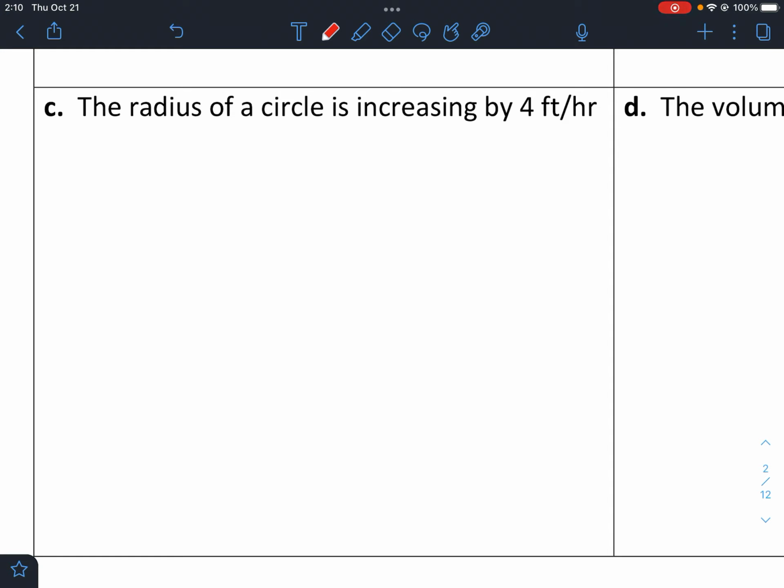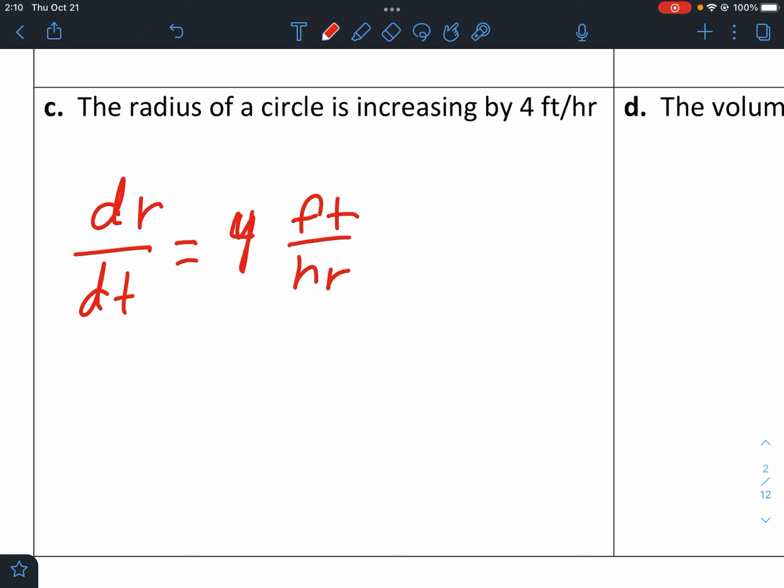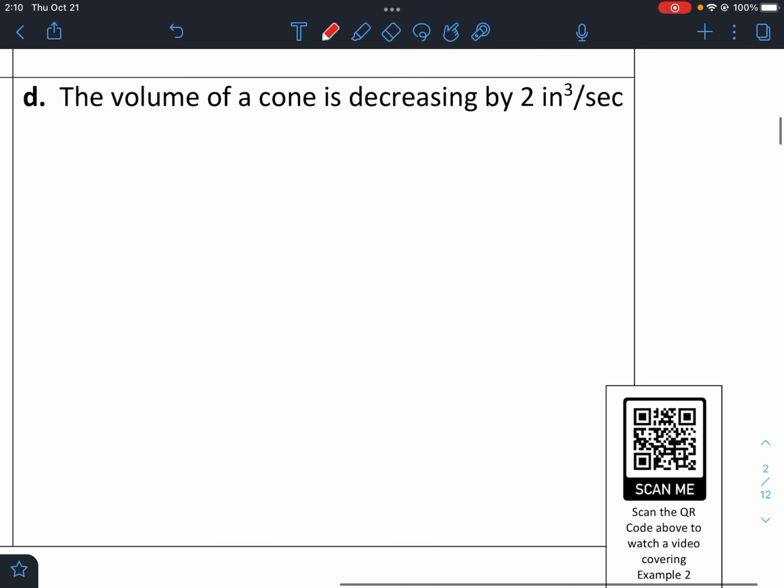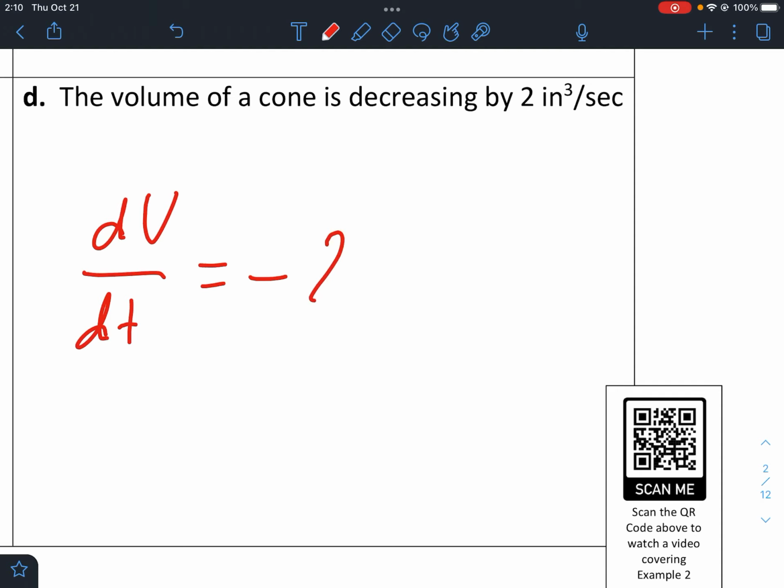The radius of a circle is increasing by 4 feet an hour, so radius we'll call r, dr/dt, increasing by 4 feet per hour. And volume is decreasing by 2 cubic inches per second. So volume will be V, dV/dt, decreasing by 2 cubic inches per second.